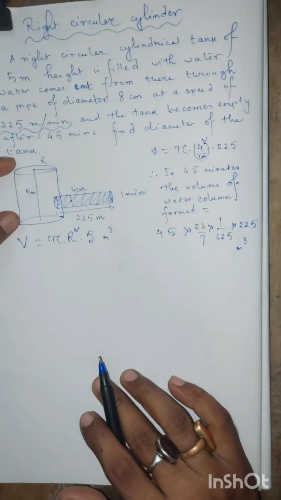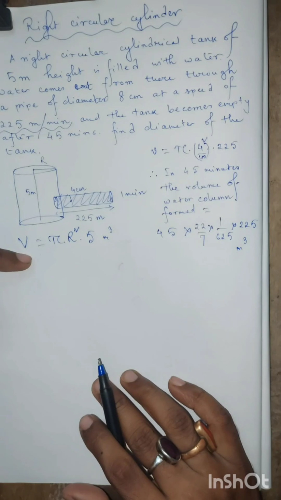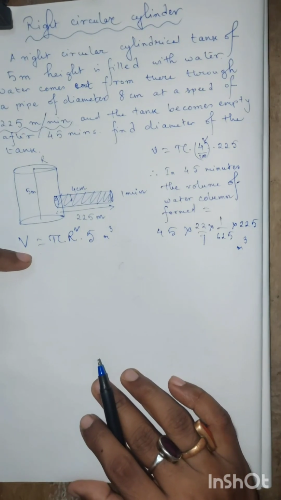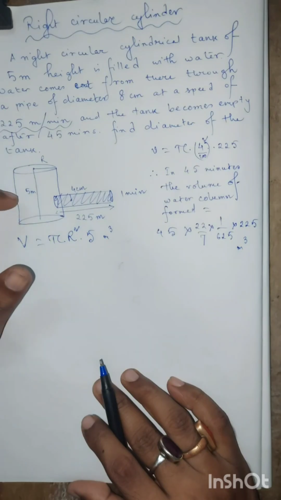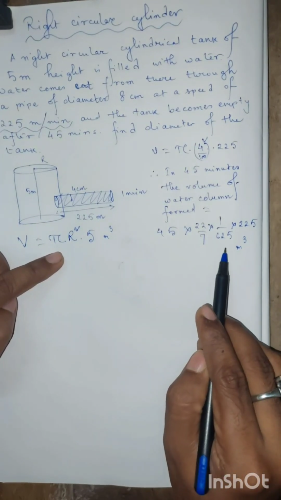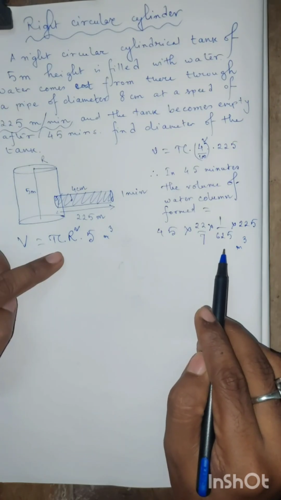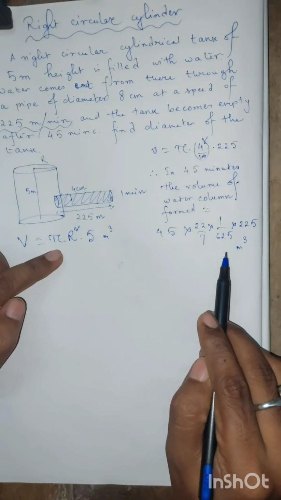So when this volume of water is completely drained through the pipe, then the tank becomes empty. So this volume should be equal to this volume. Now we can equate these two quantities.